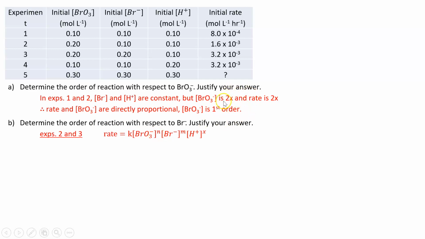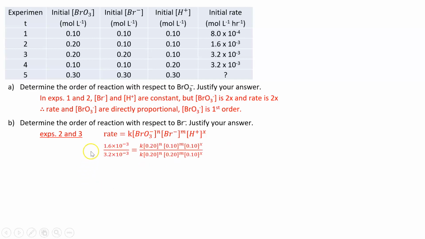You could do that the same way we did up here, but we're just going to use the algebraic method. So remember, our rate law is rate equals K times the concentration of bromate to the N power times the concentration of bromide to the M power times the concentration of H plus to the X power, just 3 different exponents. We don't know what they are.